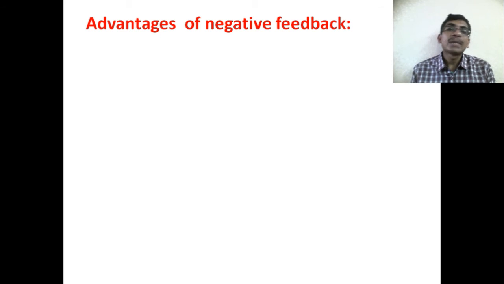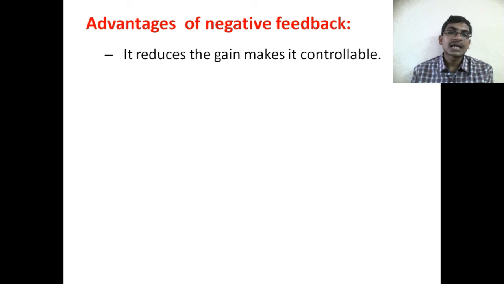Now the advantages of negative feedback. When compared with the positive feedback, the negative feedback has more advantages. Let us see the advantages of negative feedback. It reduces the gain, makes it controllable. So if we use negative feedback, then the gain reduces and we can also control the gain.